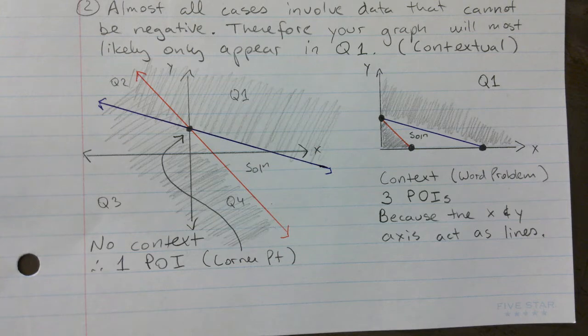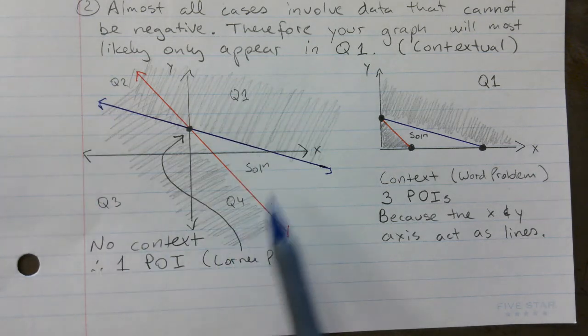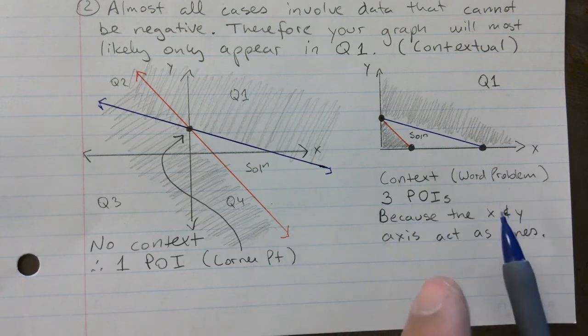Okay, so that's going to be the main difference. If I just give you a bunch of inequalities, no word problem, you do as before. You use all 4 quadrants. But when we do a word problem, then that's different, right?